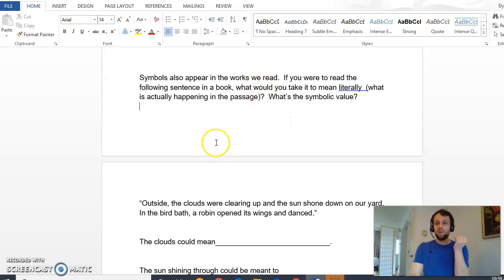So first, before we get into symbolism, we have to think about literally what's happening in the sentence, what's happening in the story. Because if we don't know what's happening in the story, it'll be difficult for us to ascertain or to figure out what is going on another level. And furthermore, symbolism and figurative language is almost always tied to and related to literally what's going on.